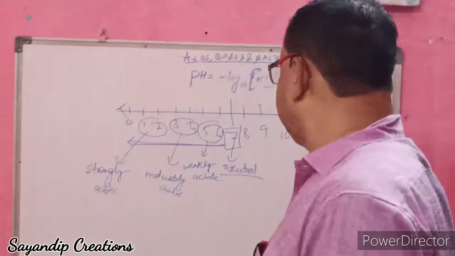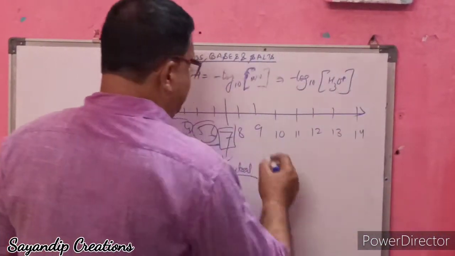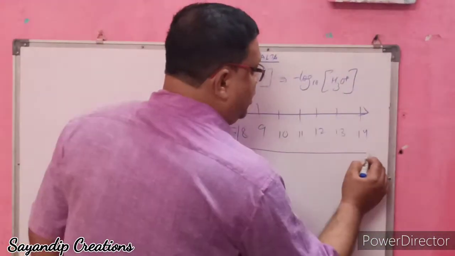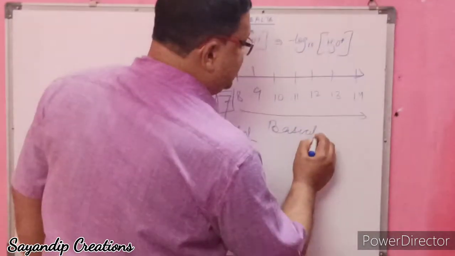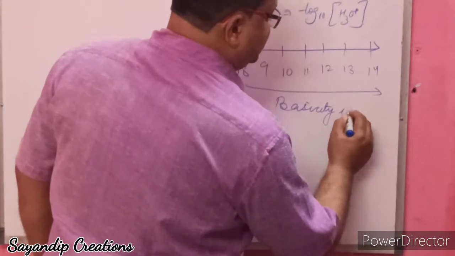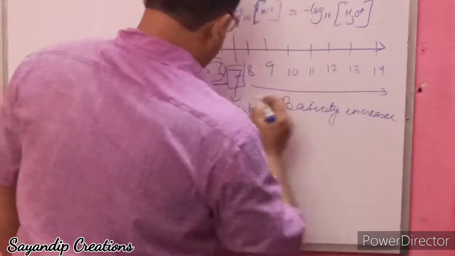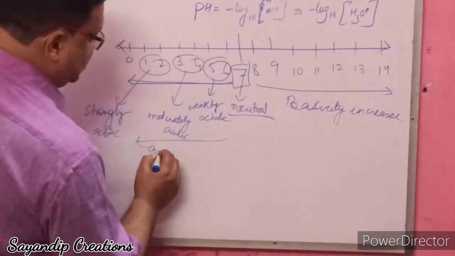Now, when you move from 7 towards 14, basicity increases. Here basicity increases, and on the other side acidity increases.